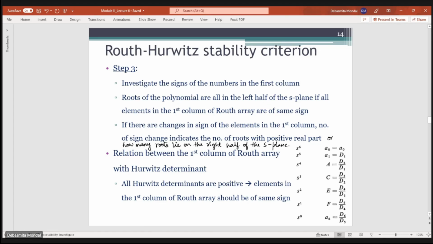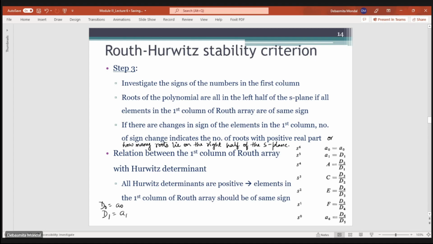Okay, so if you want to see the relation between the first column of the Routh array and the Hurwitz determinants, you can write the first column as A0, then A1, which is D1. If you remember the Hurwitz determinants, D1 is equal to A1, and the first element is D0, which is equal to A0.